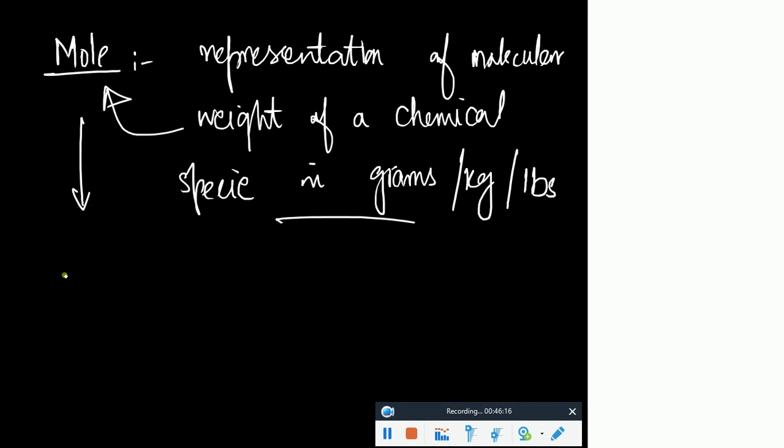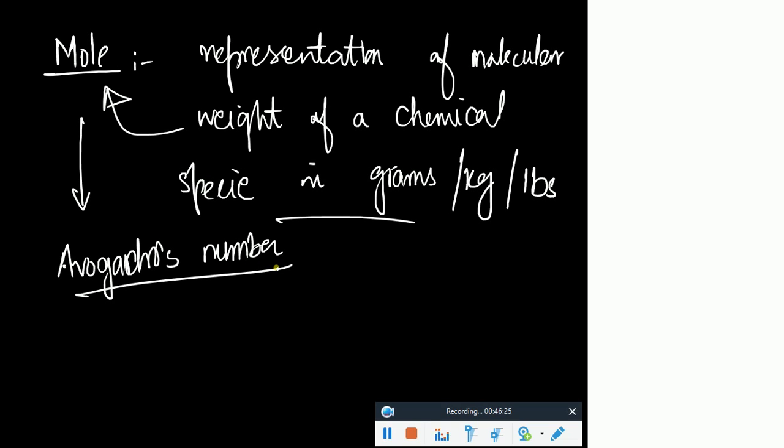And I hope you understand Avogadro's number. So please go back, see that number. How is it related with mole? I would be floating a few reading assignments for you as well. So Avogadro's number, just go back and try to relate it with mole.